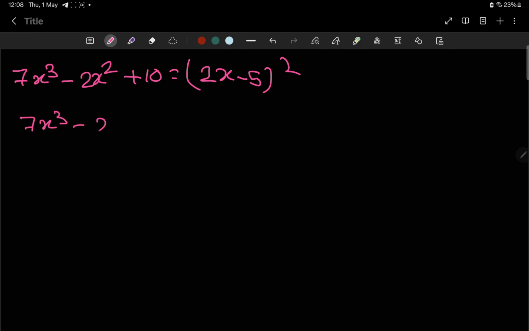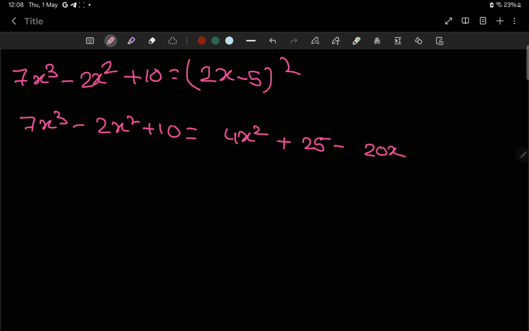7x cube minus 2x square plus 10 is equal to, we can expand it, right? 4x square plus 25 minus 20x.